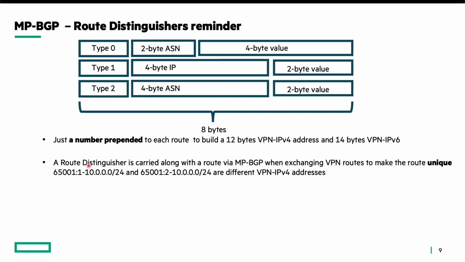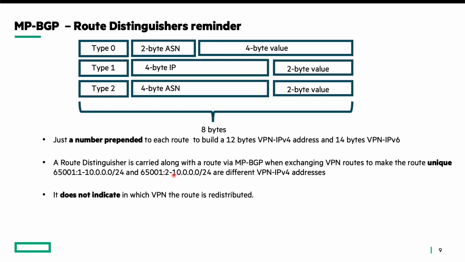The benefit is that you can reuse the same IP address between different VRFs because the RD will make the value different. So even for 10.0.0.0/24, because the RD prepended is different from this one, these are two different route information, two different VPN IPv4 addresses.